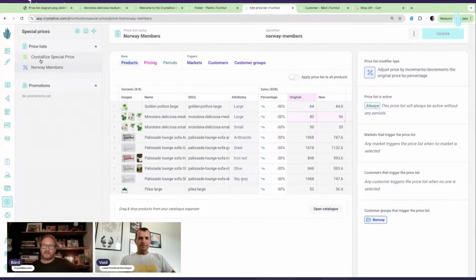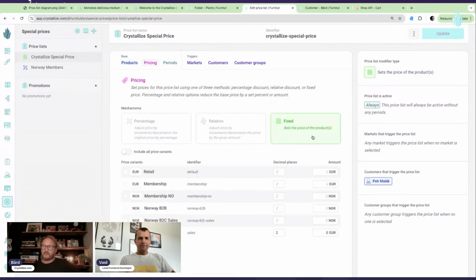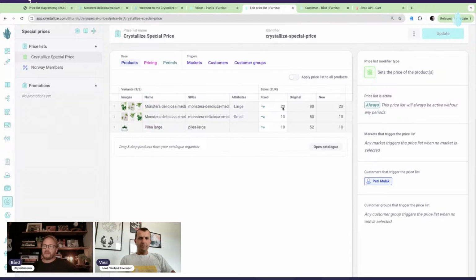And what we've done here with the Crystallize special price list is we've said these 3 products, we've been having a really good negotiation, and we'll give here a different type of mechanism. It's a fixed price or absolute price, which basically means that if I'm part of this price list, I get the Monstera for 20 for the large and 10 for the small one. And these are absolute prices, so this is no percentage calculation. Very typical, especially in B2B, to have that type of pricing.